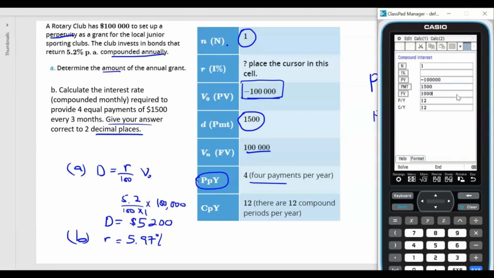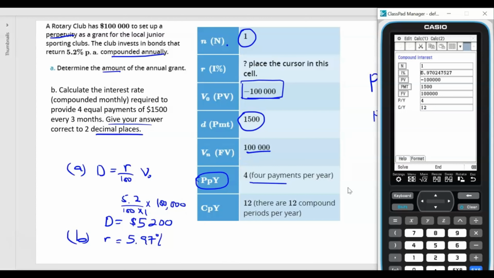The payment we keep for every 3 months, because it's for 3 months. Put the cursor there and solve, and you get 5.97 to 2 decimal places. That's how we do it.